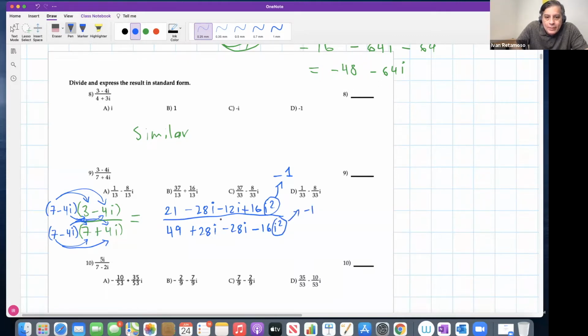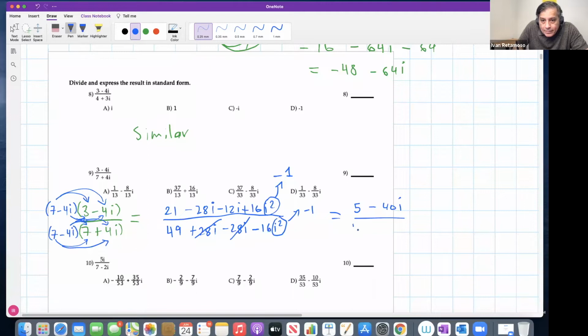Now, when you multiply a complex number by its complex conjugate, the second term and the third term always cancel. So this is 0. On the numerator, we will have 21. This is going to be minus 16, right? 21 minus 16 is going to be just 5, right? 5. Minus 28, minus 12, minus 40i, right?